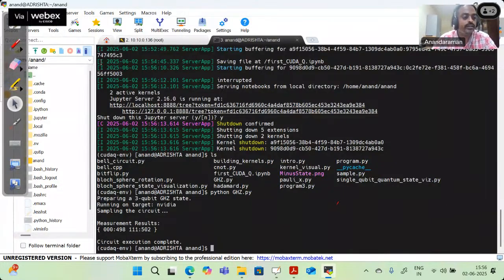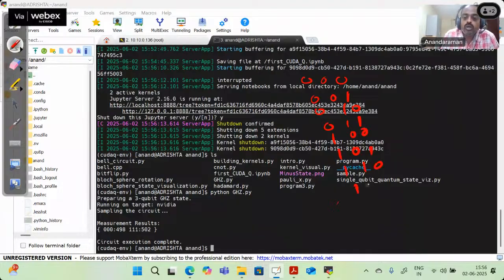Since it is fully entangled, what are the states for 3 qubits? 000, 001, 010, 011, 100, 101, 110, 111. So 8 states should be there, but if it is fully entangled, you will get only 2 states, 000 and 111. Here you are getting that.